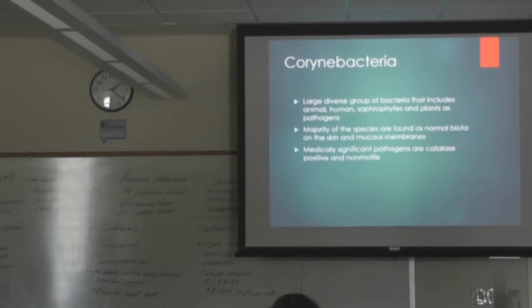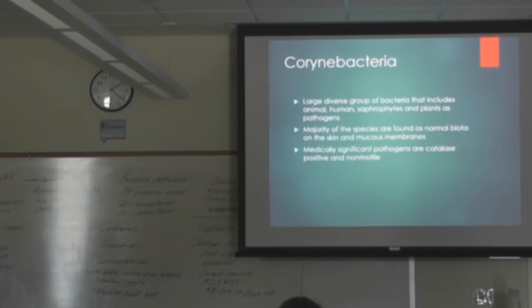Corynebacteria. Okay, a large diverse group of bacteria. These include a whole heck of a lot of different things. One of the things to remember is that these species are found as normal biota on the skin and mucous membranes. That's pretty significant.